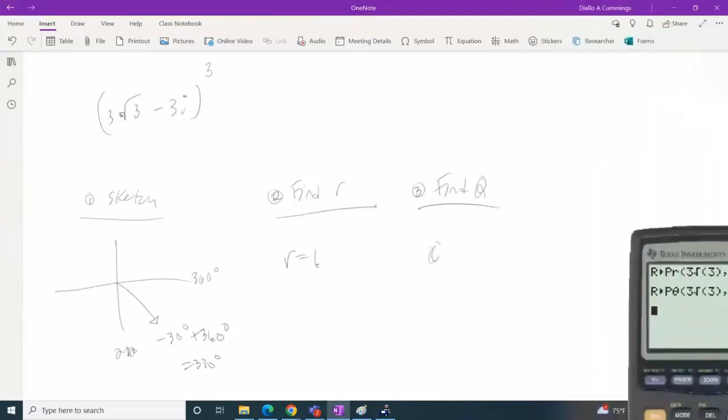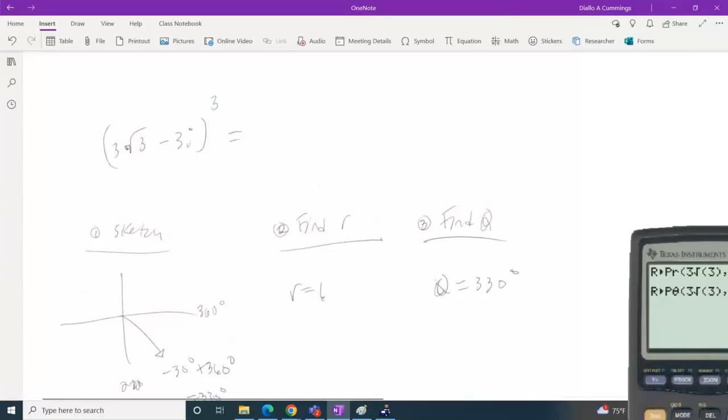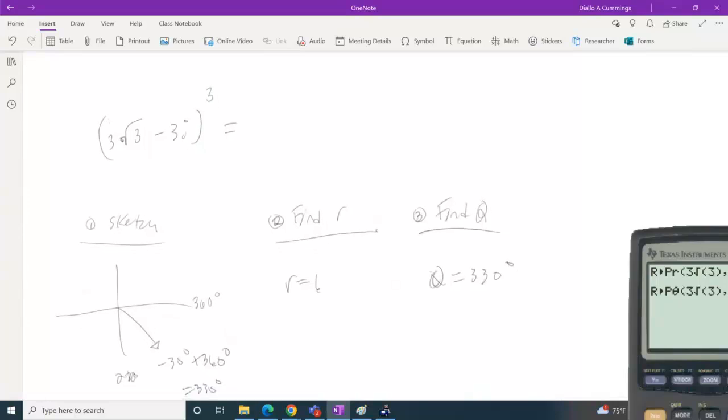So my angle is 330. So I can rewrite 3 square root of 3 minus 3i in trig form as 6 cis 330 degrees. And we're going to raise that to the third power. So now we can apply De Moivre's theorem. So I could take 6, raise that to the third power.